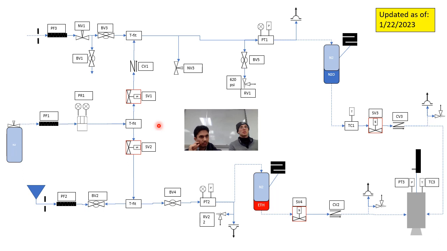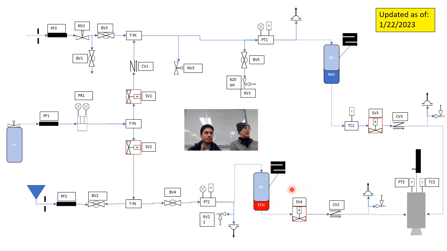That's really important because SV3 and SV4 are the main way, or maybe even the only way, of stopping the whole run tank from emptying into the engine. If we decide for whatever reason that we want to stop the test, we close SV3 first and SV4 right after that, or simultaneously. Those are some of our primary controls to start and stop flow rate.